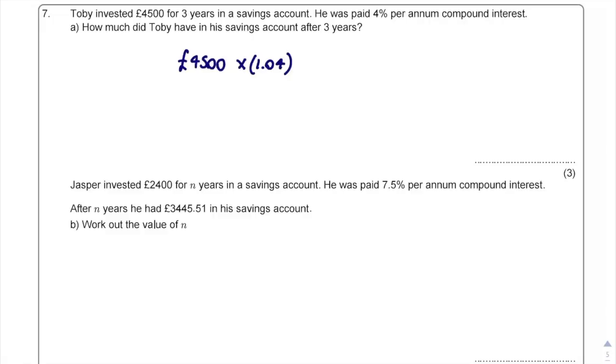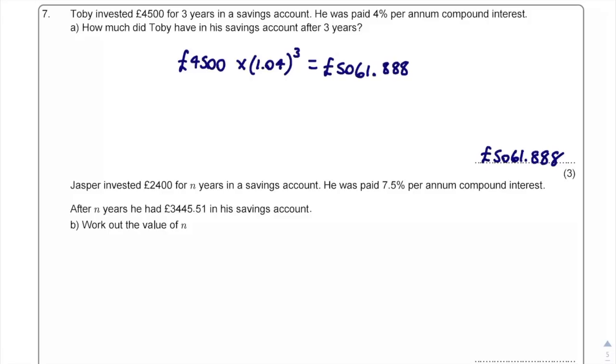And that's for 3 years, so we raise it to the power of 3. So if you work that out on your calculator, you should get an answer of £5,061.888. So that is our final answer for part A.